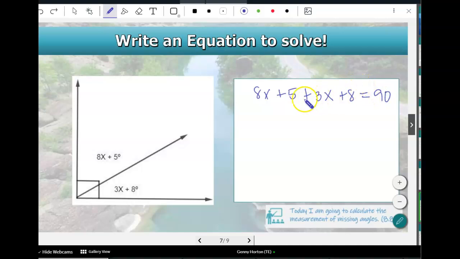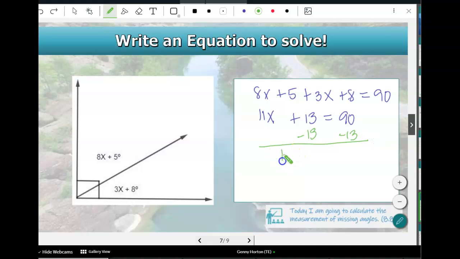You're going to combine like terms. You have 8x and 3x, so that's 11x. Then you're going to add 5 and 8, and that's 13, is equal to 90. Now you have a two-step equation. So we're going to subtract 13 from both sides.